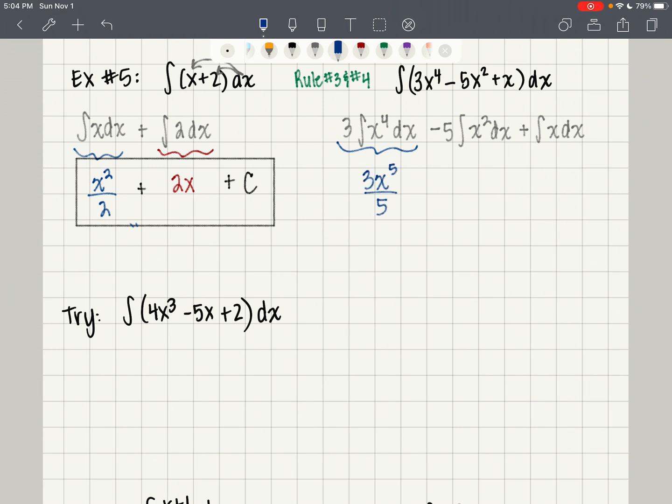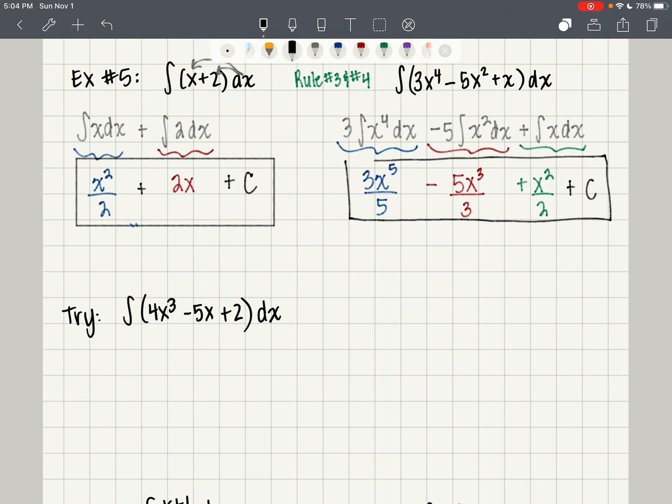You're going to start loving this. Minus 5x cubed over 3 plus x squared over 2. And then at the end, we always add our constant, which gives us our final answer of 3x to the 5th over 5 minus 5x cubed over 3 plus x squared over 2 plus c.